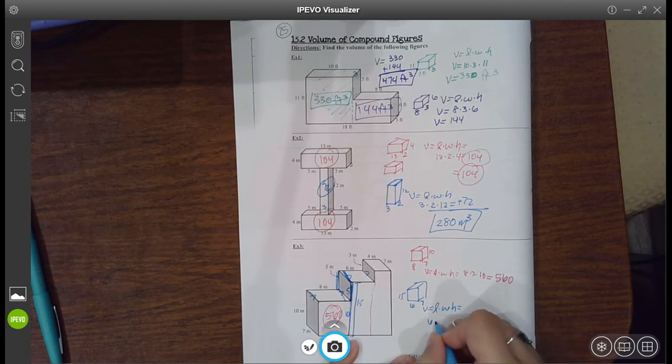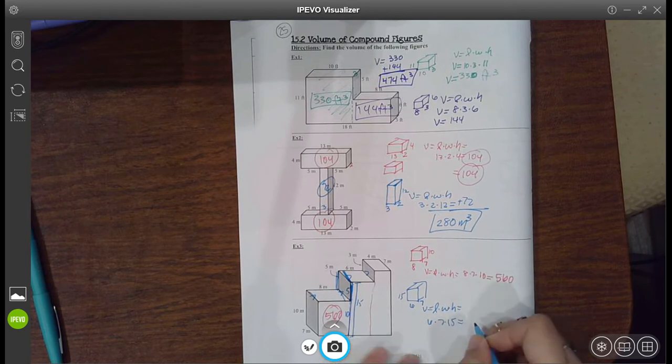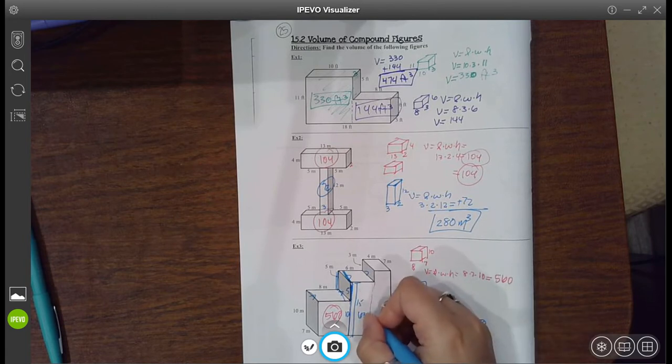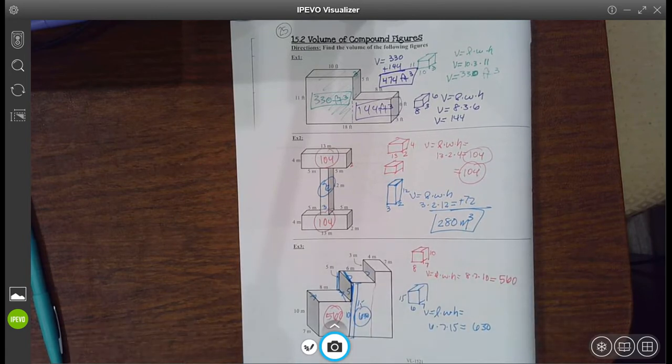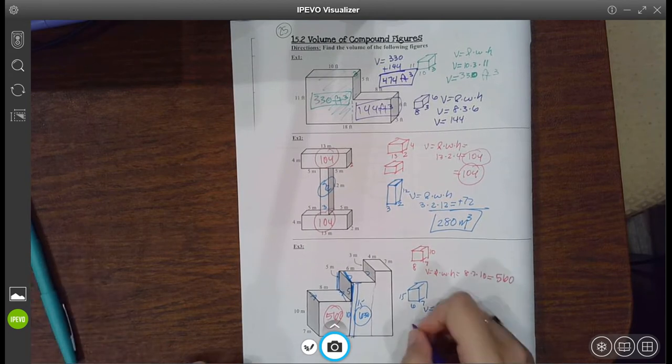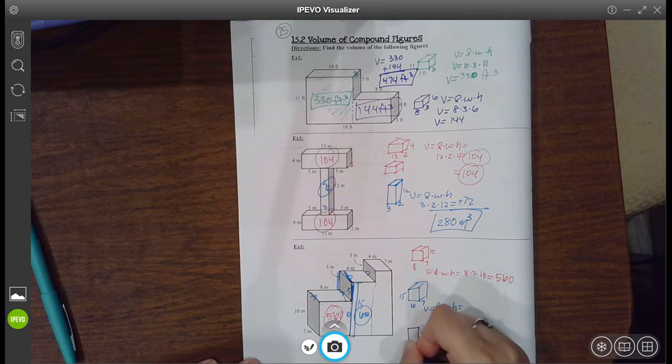So 6 times 7 times 15, you get a total volume of 630 for this one. Okay, last but not least, our longest one.